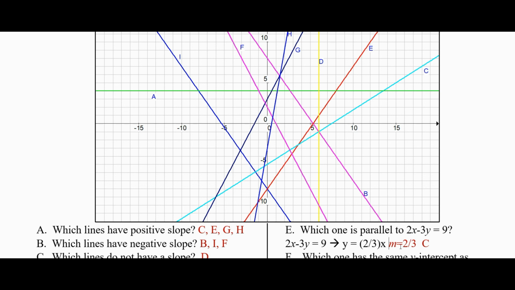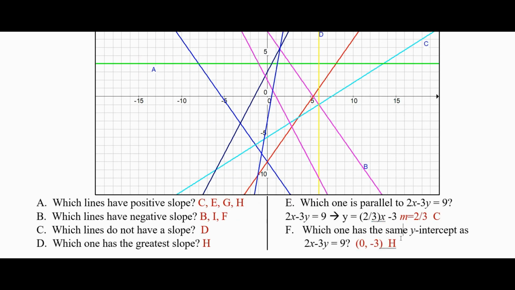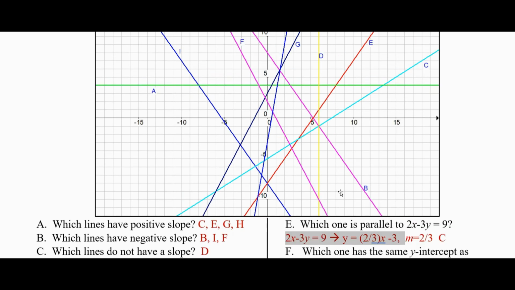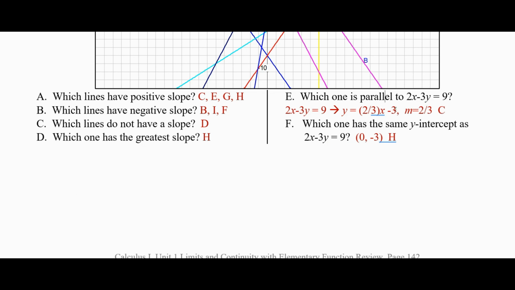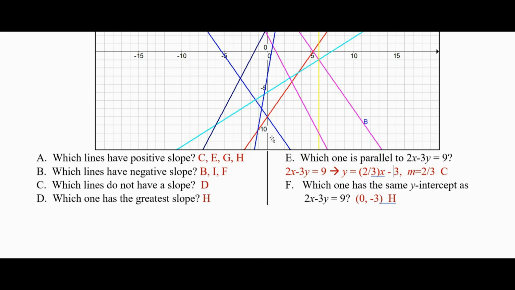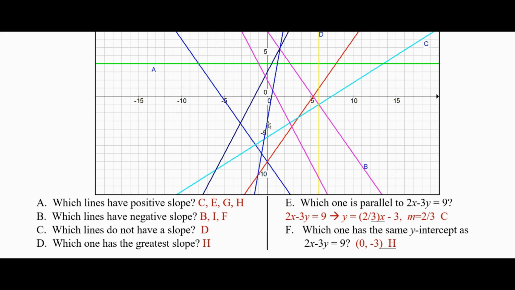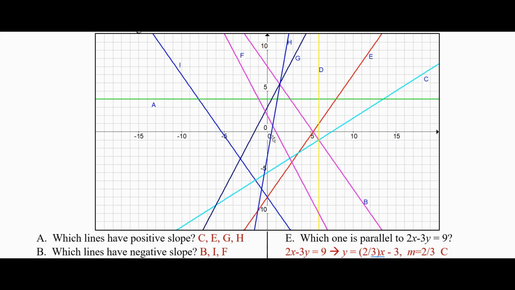I already did that. And then you get 9 divided by negative 3 is negative 3. So that's the same equation, just solved for y. And when we do that, solving for y, we know that's slope y-intercept form. So the same y-intercept, so it's going to have a y-intercept of 0, negative 3. So where is the one that goes through there? Looks like that is this one right here. What letter is that? That is H.